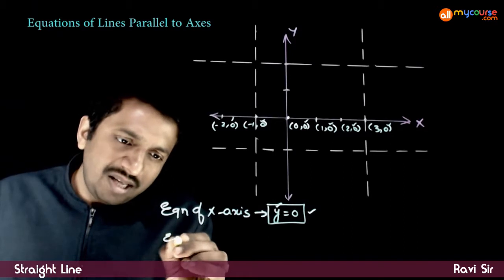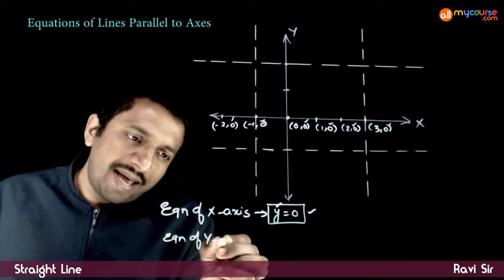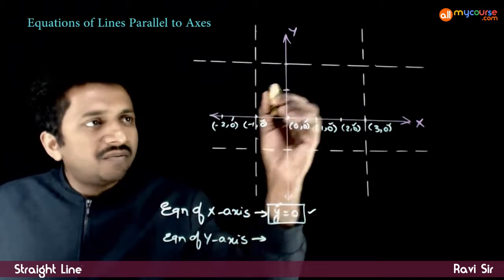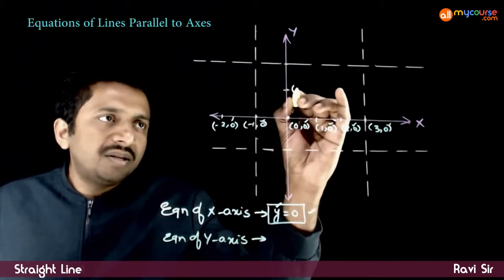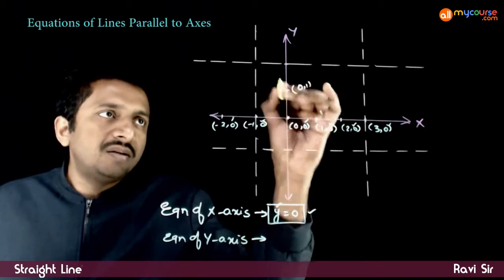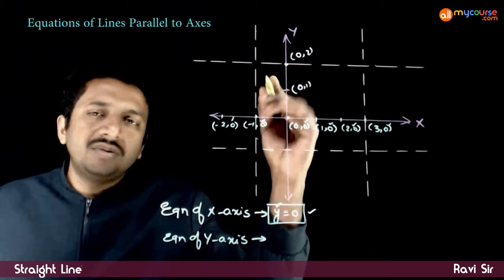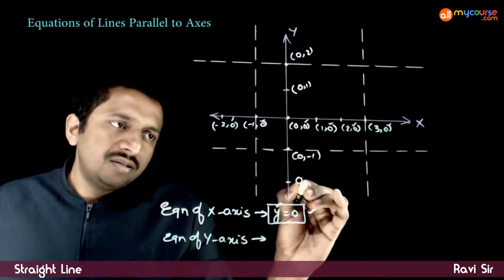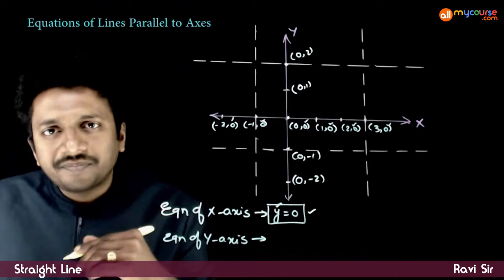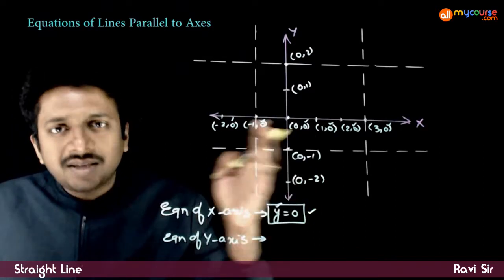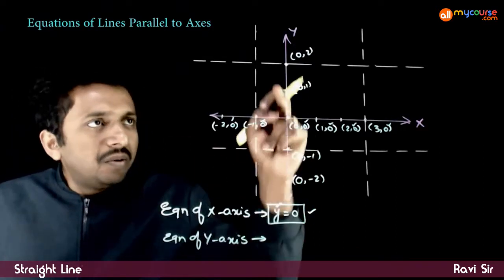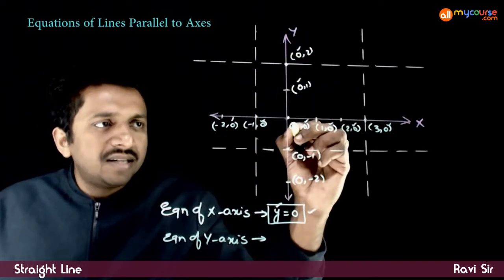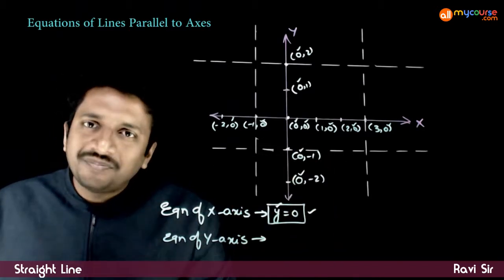Now, what is the equation of y-axis? If you take different points on y-axis, they look like this: (0, 0). This point is (0, 1). This point is (0, 2), (0, 3), (0, 4), (0, -1), (0, -2), and so on. (0, -1.5), (0, -root 2), and so on. You can see that all these points have their x-coordinates equal to 0.